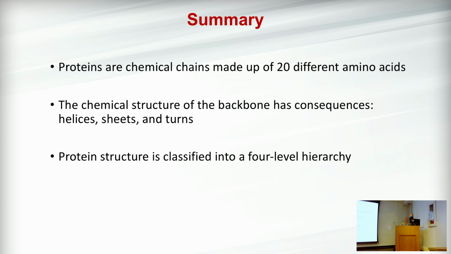Helices, alpha helices, beta sheets, and then, of course, those turns that we mentioned in there. Protein structure, simple. Primary structure is the sequence. Secondary structure comes from the consequences of the backbone. Tertiary structure are some of those super secondary structures folded up. And then quaternary structures when different proteins come together.